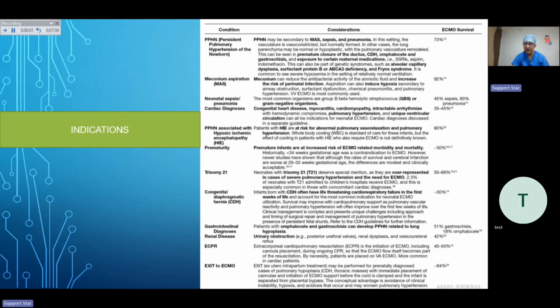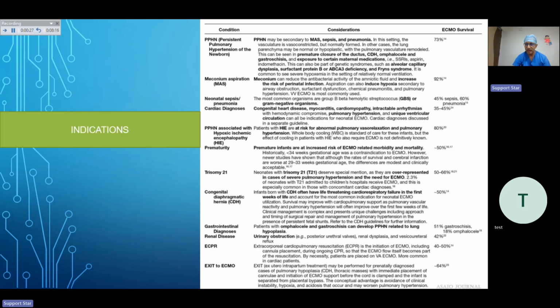Now coming to the indications of ECMO. We have many indications like PPHN, meconium aspiration, congenital diaphragmatic hernia, and multiple anomalies with omphalocele, gastroschisis, etc., which can lead to PPHN. And sometimes it is myocarditis, cardiomyopathy.